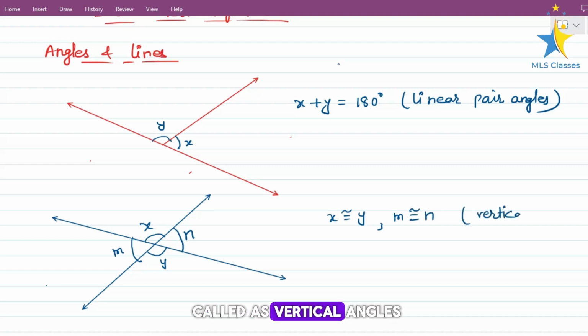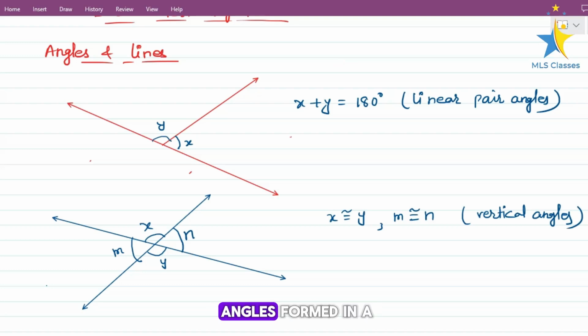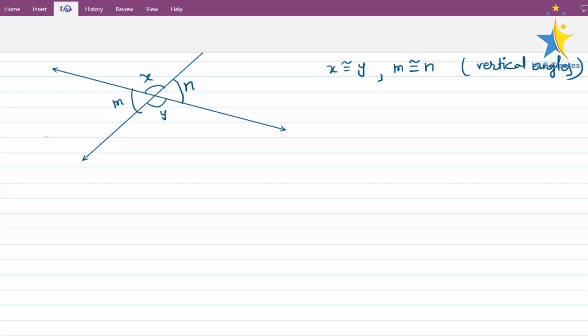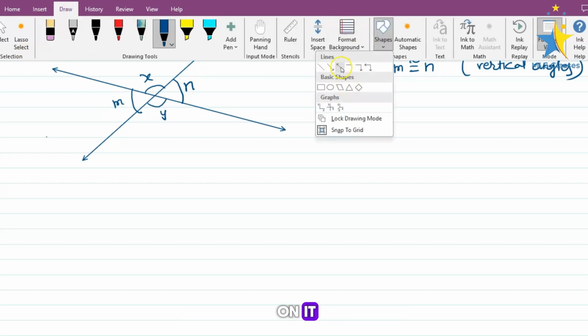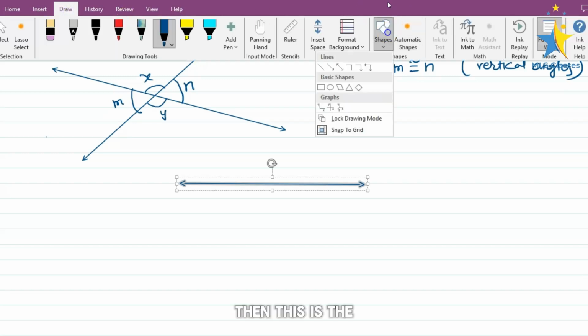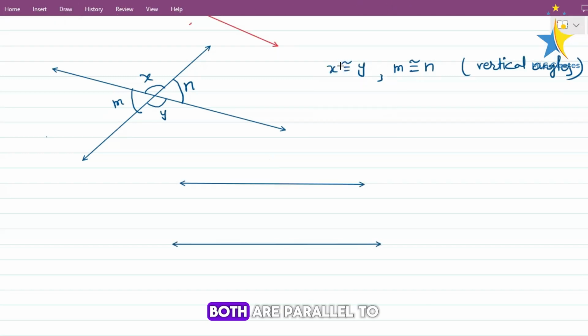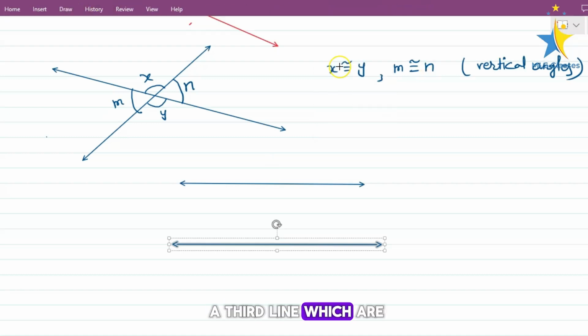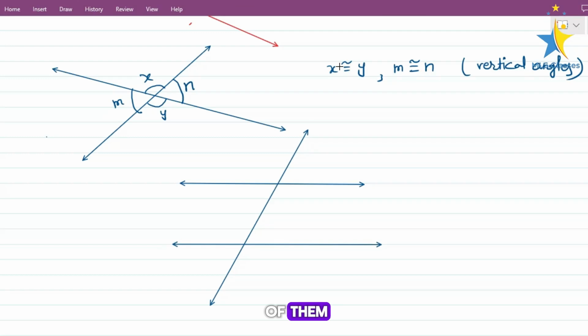Now we'll see the angles formed by a pair of parallel lines with a transversal drawn on it. Suppose this is the first line, then this is the second line, both parallel to each other, and we have a third line which is intersecting both of them.